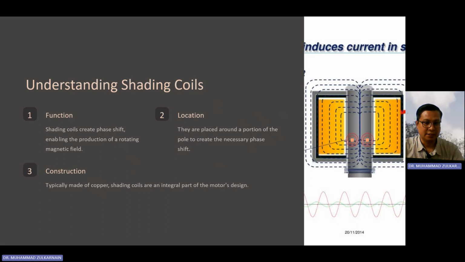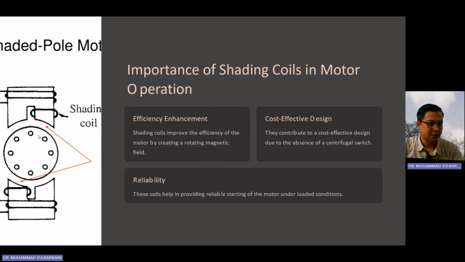So actually the shaded will create a magnetic field, yeah, outside of the motor. So the construction is typically made of the copper. Shading coils are integral part of the motor design. So you can see here motor inside, and then the outside will be shaded plate.